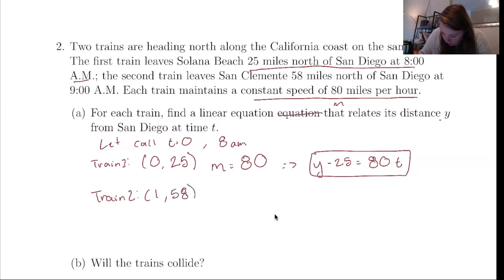Okay. And again, our slope is 80. So this would be y minus 58 equals 80. I know you might be thinking, why is it not x? It's just because I'm told that it's in time t. So our input variable, our independent variable, is t instead of x. Okay, so t minus 1.